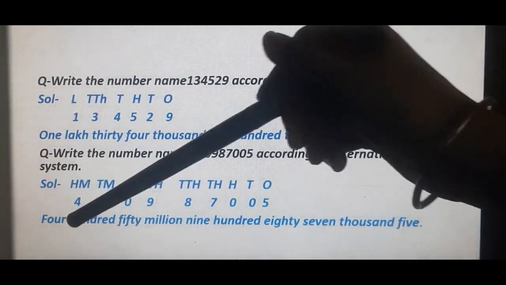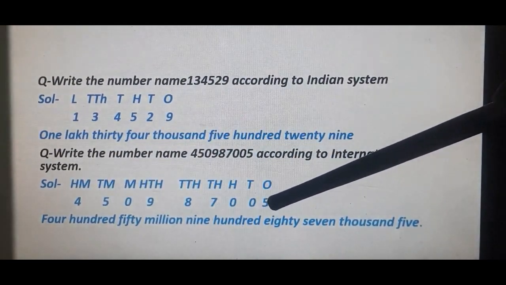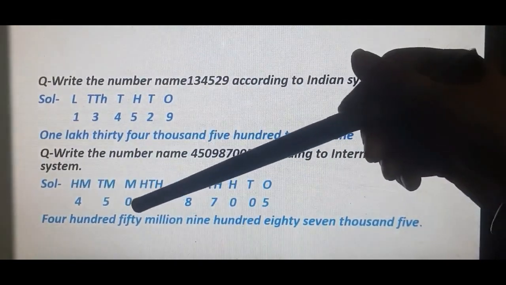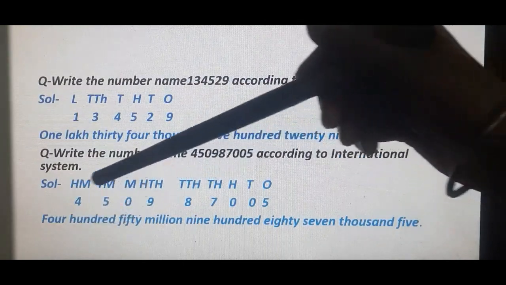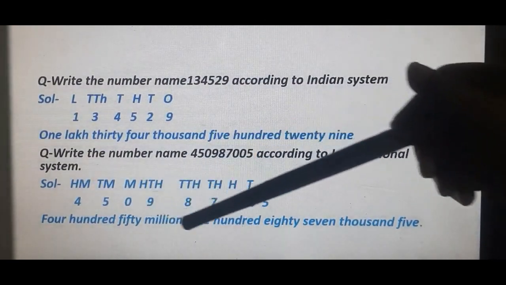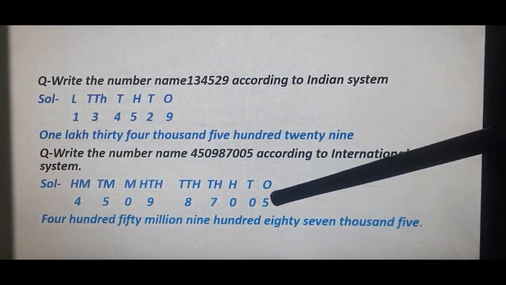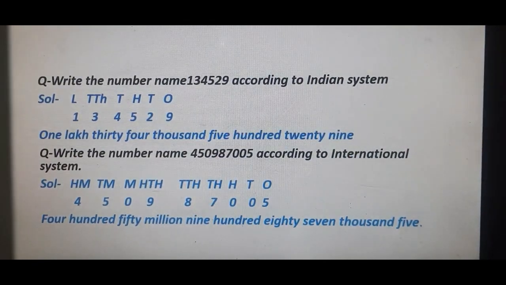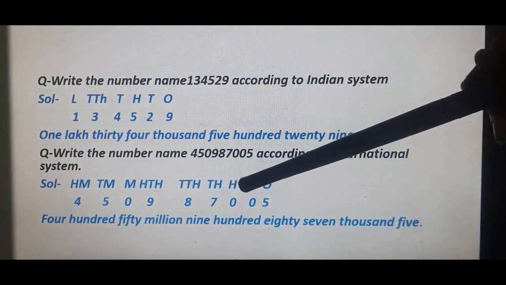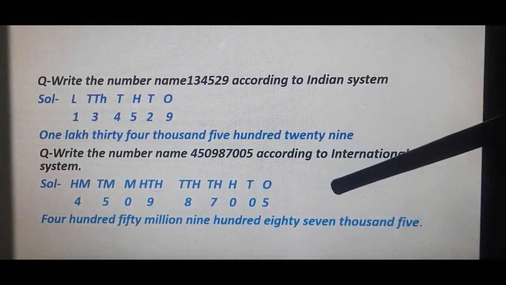This is a numeral, so we will write down this numeral here. Now the number has become 450,987,005. So what is this? 450,987,005.